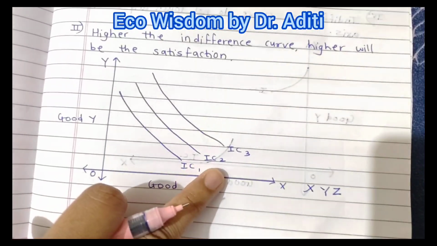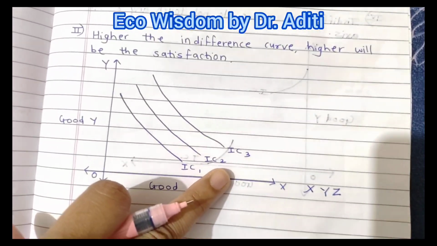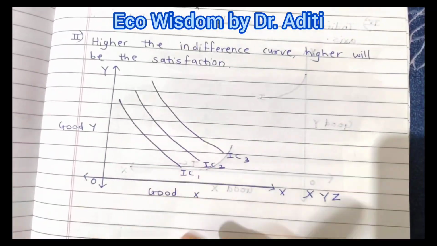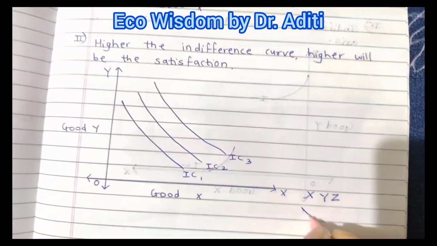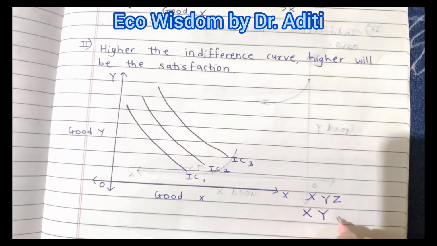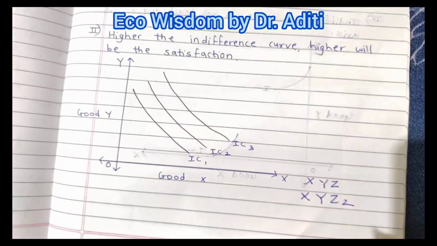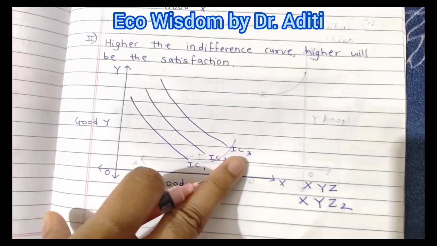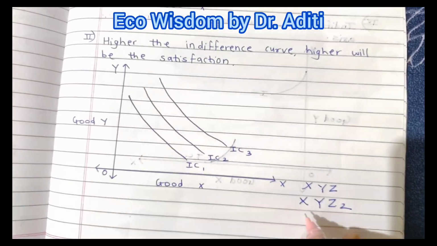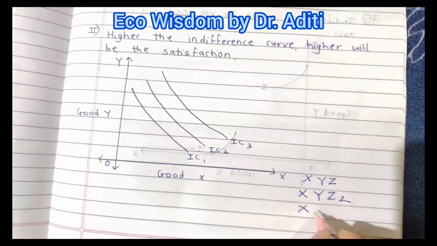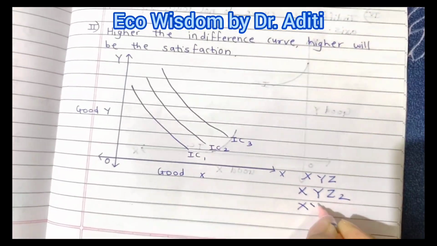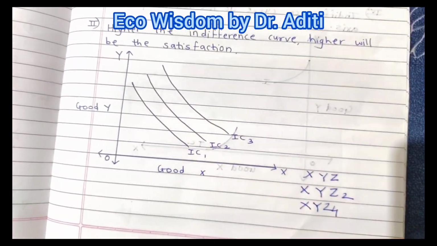Then there is IC2 which is at the right side of IC1, or above the IC1. So IC2, let's assume it shows XYZ2 level of satisfaction. And IC3 is at the rightmost point in the diagram, so it shows XYZ4.